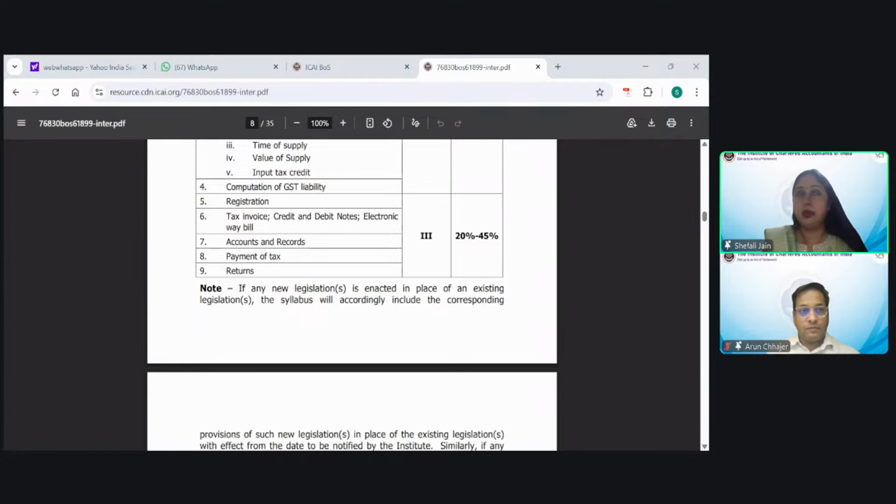I'm not able to switch my screen, but it is available on the website. If you go to the BOS Knowledge Portal, once you click on it, the first thing you see is the schedule. Currently this schedule is of the fortnight program, and Kuldeep has already seen it. So you will be able to see the Success at CA Exam schedule also. Success at CA Exam is second, because first is the fortnight and the second part will be Success at CA Exam. There you can refer to it. I think some issue is there with my system, and now I'm not able to go again to that.